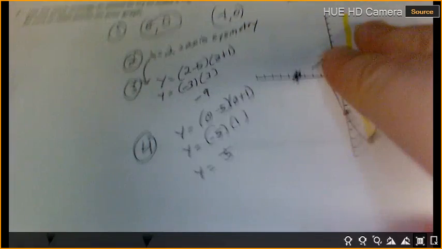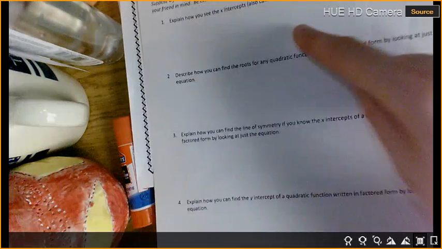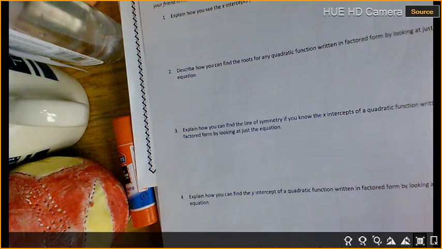So one more time, you're going to graph these 4 graphs, right? And then on the back of that is 5 questions. I want you to answer those 5 questions. It doesn't have to be in complete sentences. It doesn't have to be in great detail. I want you to answer it, though, to see that you've thought about it. Because tomorrow I'm going to give you more practice with this. And the more you've actually thought, how do you do this, the better you're going to do.